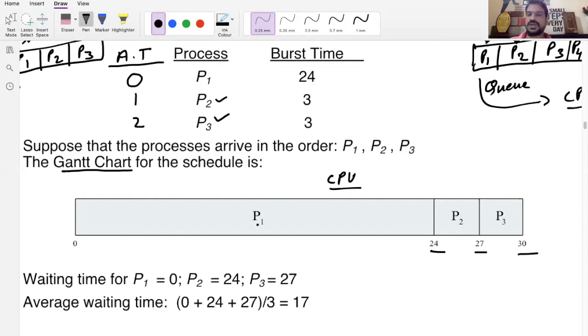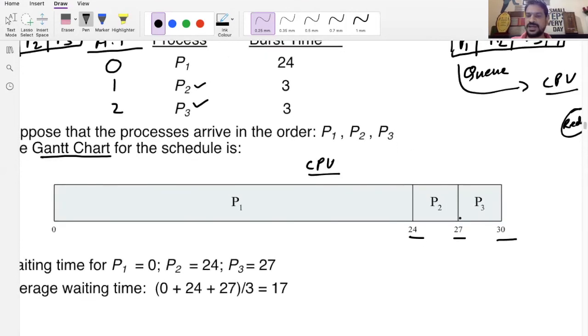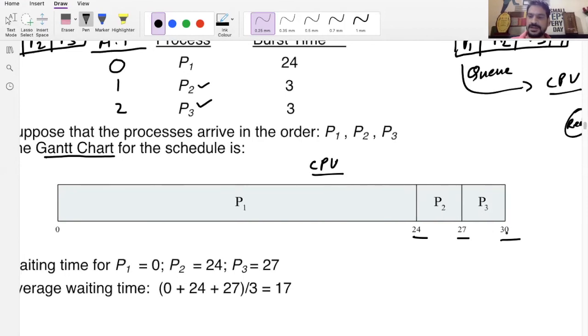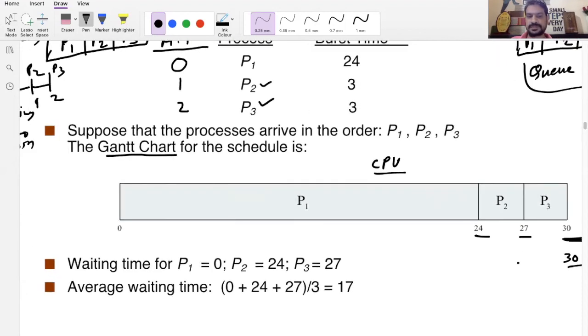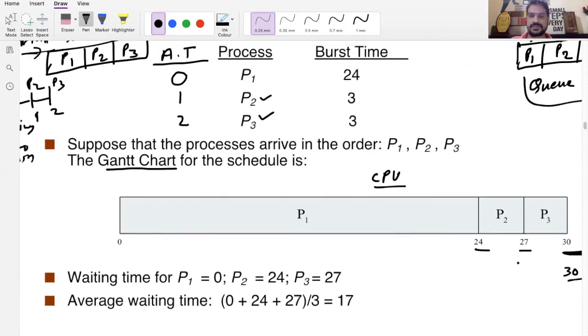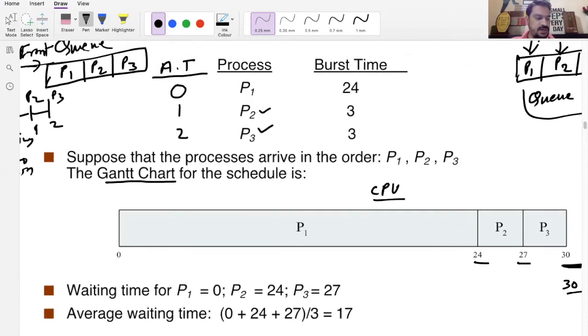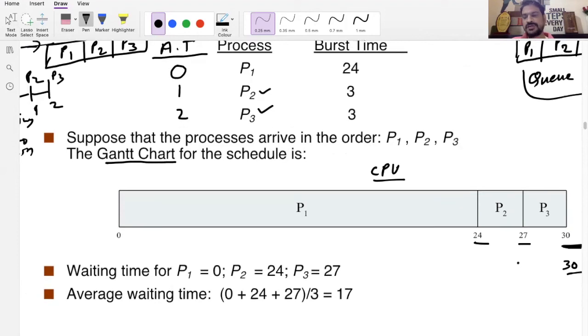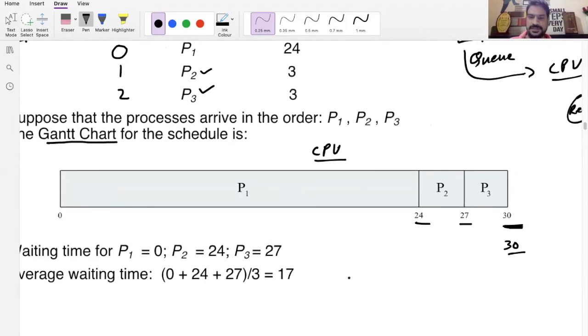So what is the completion time here? The completion time written here is 30 units of time. So in this chart, what is the completion time of P3? I'll write it here.